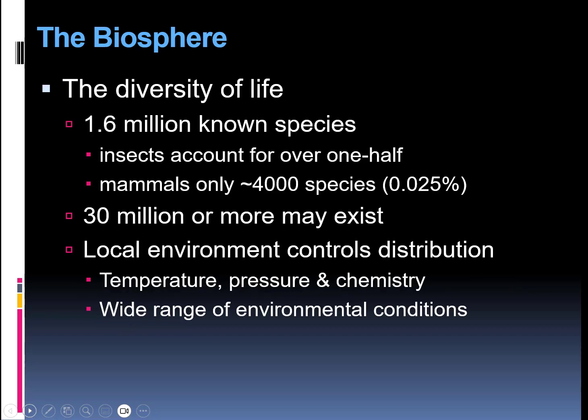Now, we do know about 1.6 million species, and more than 50% of it are insects, actually. It's crazy. The mammals are only 4,000 species, which is 0.025%, so it's much, much less than 1%. There might be 30 million more different species, but we just don't know them.